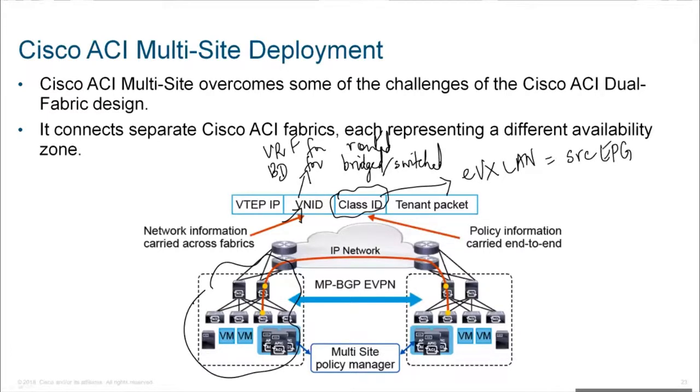So if you're sending VXLAN traffic across to a separate fabric, a separate cluster, how does it translate into an EPG there? How does it translate the VNet values into values at the destination fabric or cluster?